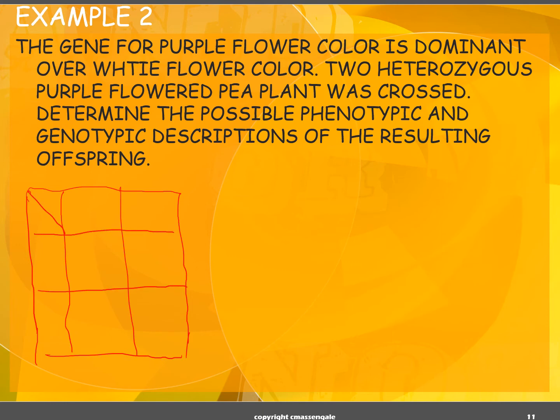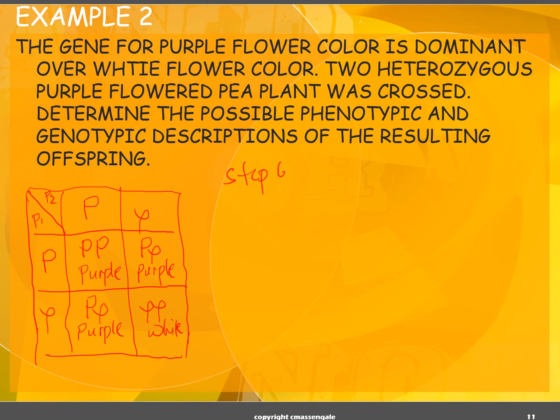So, parent 1, parent number 2, capital P, small letter p, capital P, small letter p, and then capital P capital P, capital P small letter p, capital P small letter p, small letter p small letter p. So this is purple, purple, purple, and then we have here white. Ayan. So now, let's proceed with step number 6.